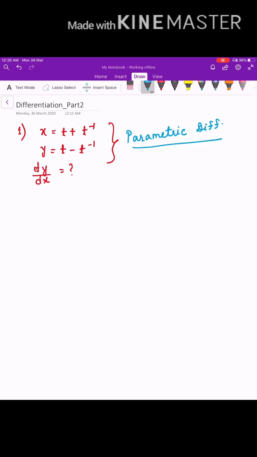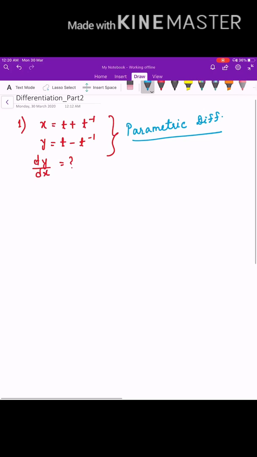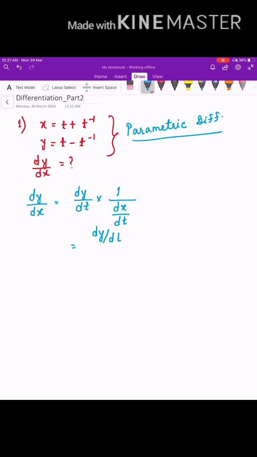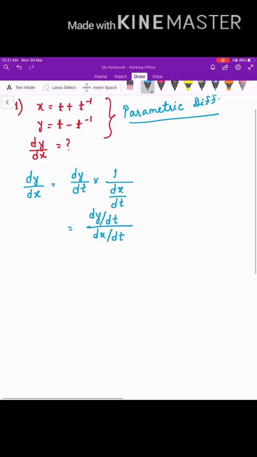Where x and y are two variables expressed in terms of a third variable, that is variable t. So, in this case, dy by dx is equal to dy by dt into 1 upon dx by dt, or just in short we can write it like this, right?